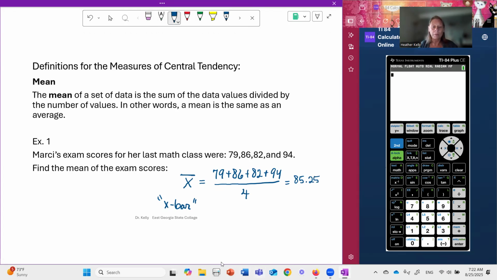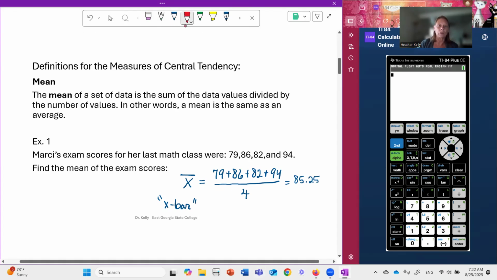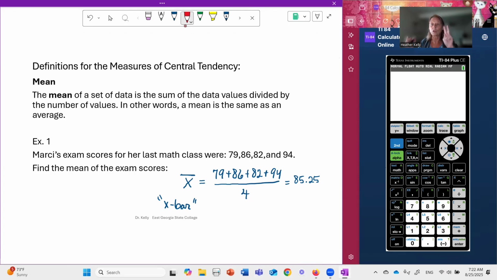Now, I want to make a point here that's very, very important. Your solution from a calculation, in other words, your statistic, remember we get a statistic from doing some kind of operation on data, your statistic must be one decimal place more precise than your data.